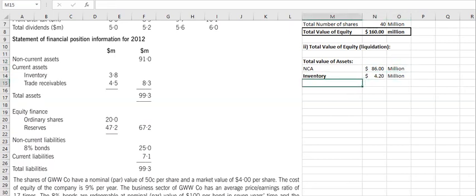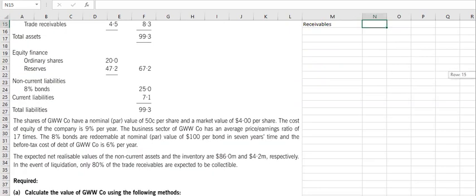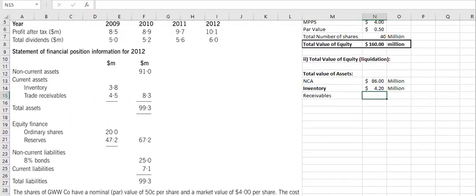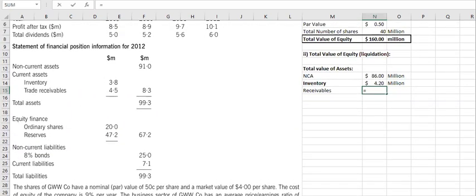Whereas the receivable balance given on the balance sheet is 4.5 million, but according to the question, only 80% of the trade receivables are collectible. That means 20% will be bad debts not adjusted in the balance sheet. So we have to adjust it by multiplying 4.5 with 80% so that we can get the realizable value. So $3.6 million.